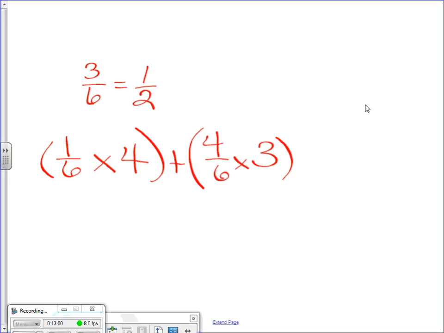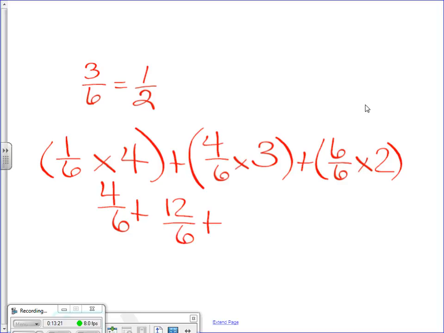And then no 5/6, plus 6/6 times 2. Now I could do 6/6 plus 6/6, either way. So 4 times 1/6 is 4/6, plus 3 times 4/6 is 12/6, plus 6/6 times 2 is 12/6.